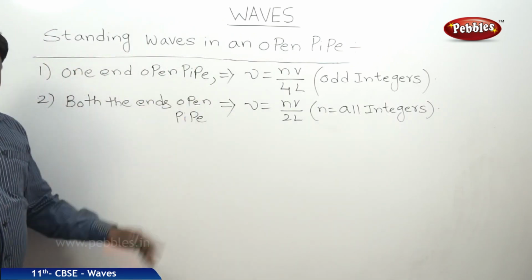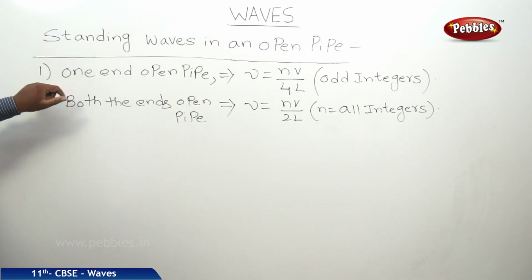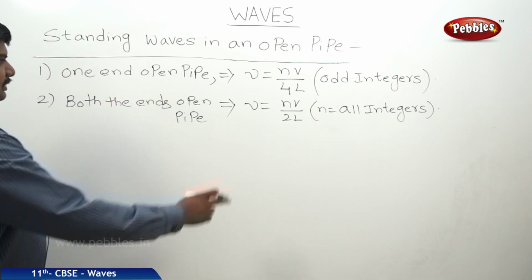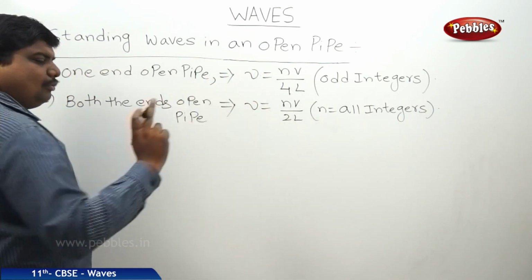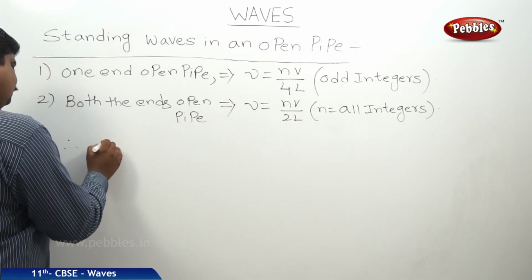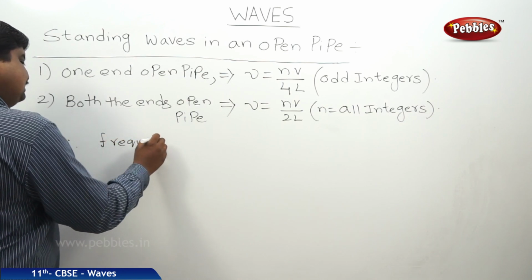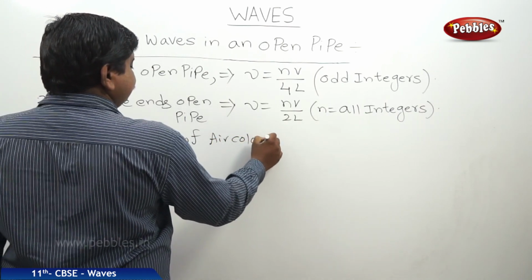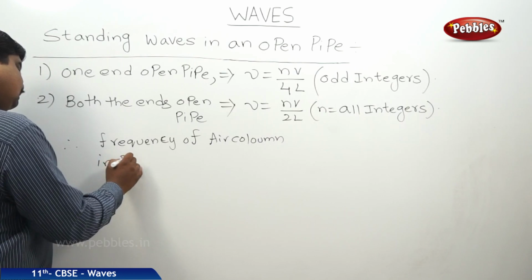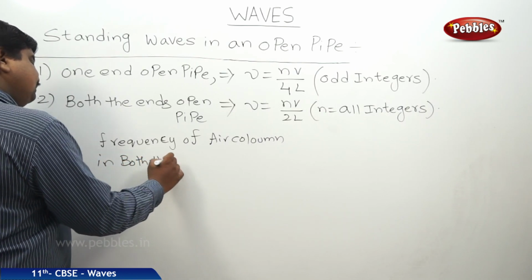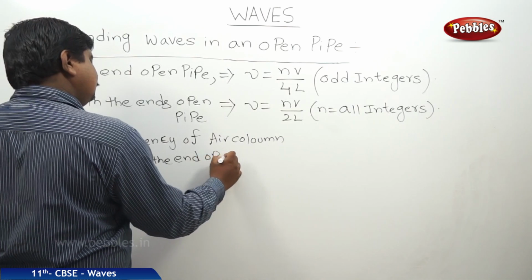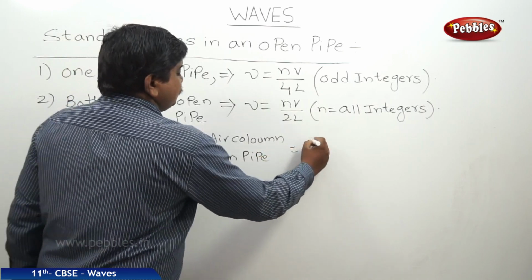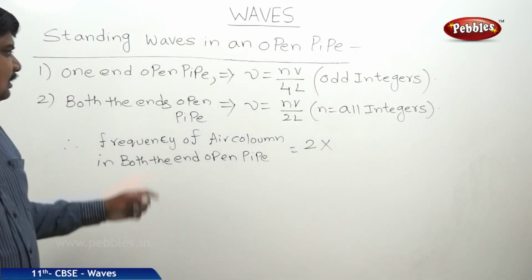So if we compare these two equations, the frequency of a both ends open pipe is 2 times the frequency of a one end open pipe. So the frequency of the air column in a both ends open pipe is equal to 2 times the frequency of a one end open pipe.